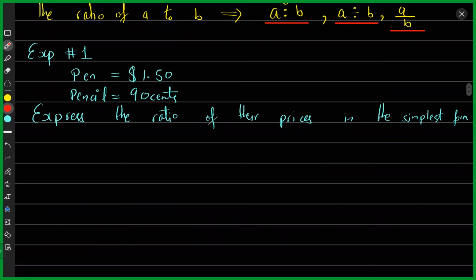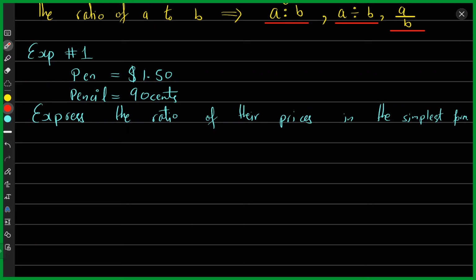The question says, one pen is for $1.5, a pencil is for 90 cents. Express the ratio of their prices in the simplest form. Okay. Now here they did not say ratio of pen to pencil or pencil to pen. No, they did not mention it this way. They just said ratio of their prices. So technically it can be pen ratio pencil, it can be pencil ratio pen.